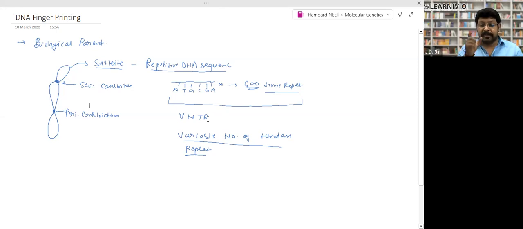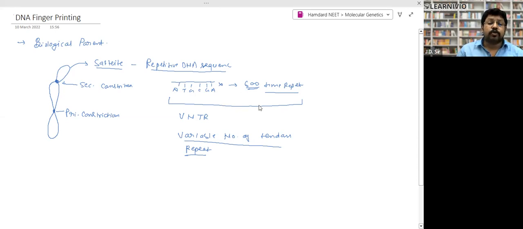Suppose there is a set of gene, let's say ATGCCGA. This is a gene. Now this gene is repeated 600 times in me, then it will be repeated 300 times in my mother as well, right? So 50% of this repeated sequence will match with my mother, and the rest of the 50% will match with my father, right?